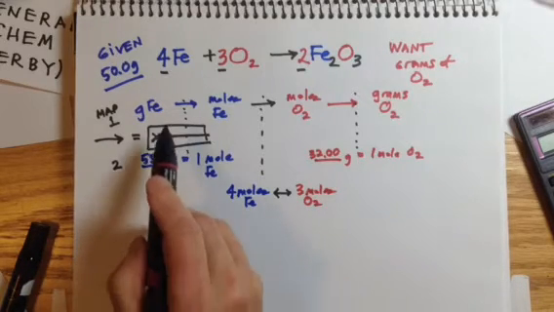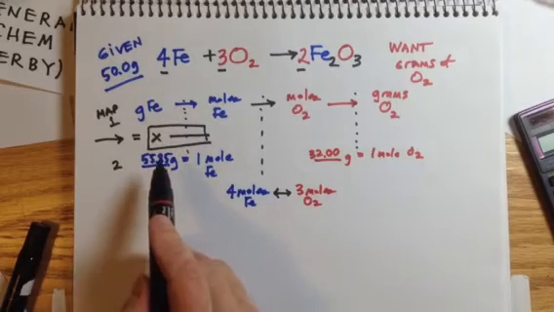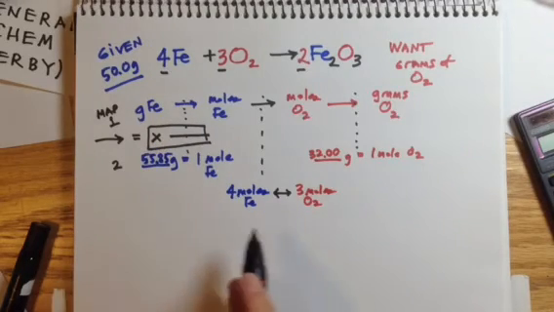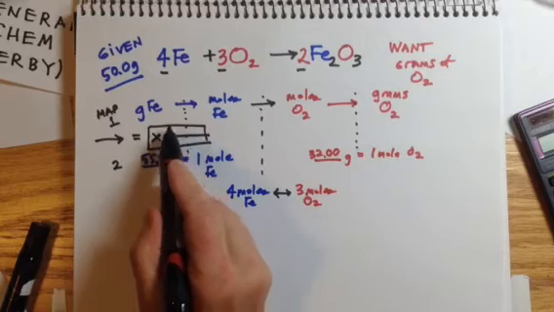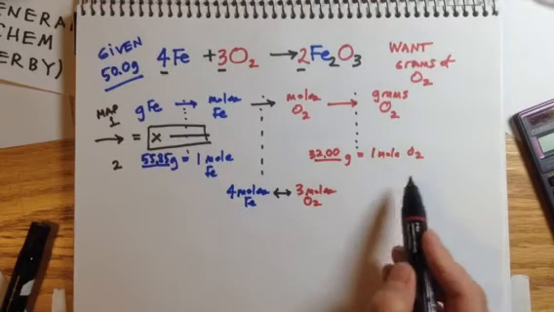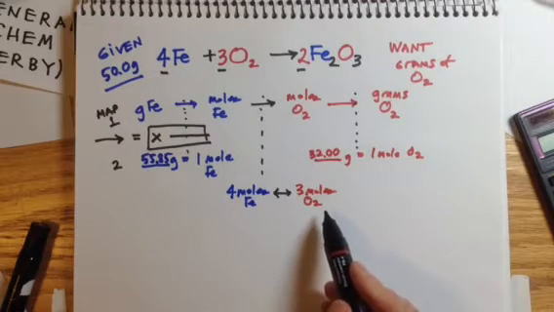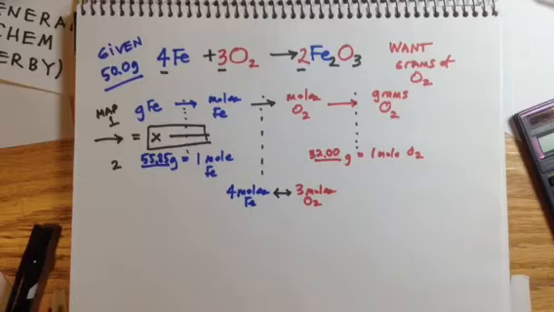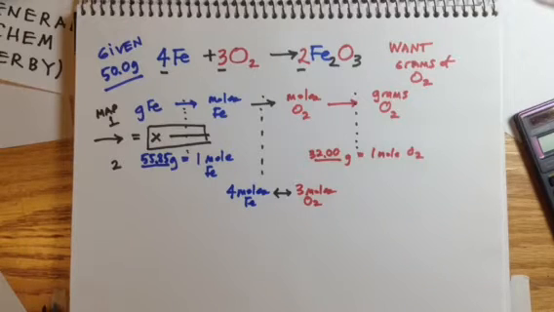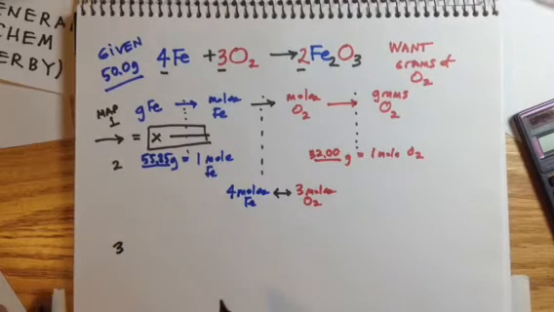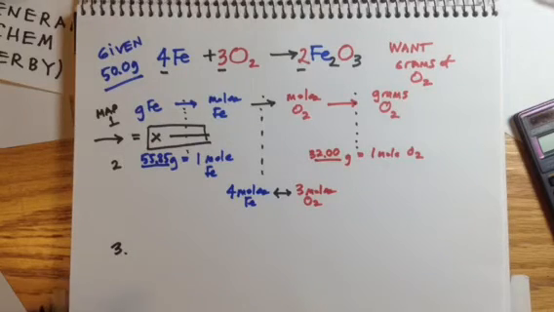So for each one of these arrows, in our setup it's going to be times a fraction, and we've just figured out what the information is we're going to need for each one. So now let's set it up. We're going to start with 50 grams of iron.